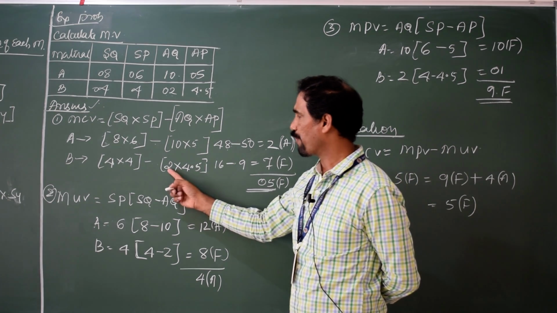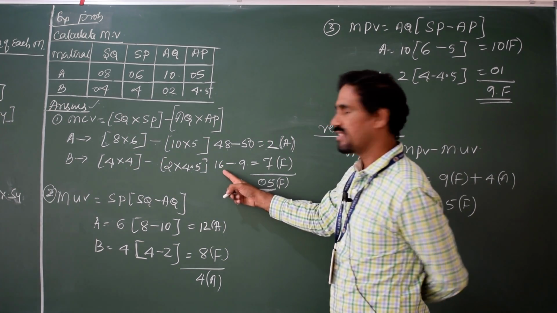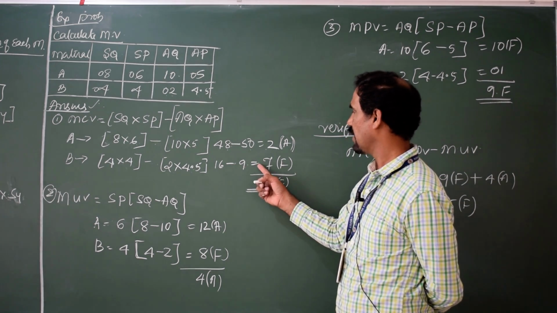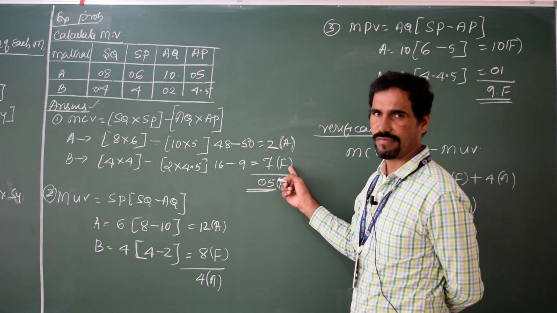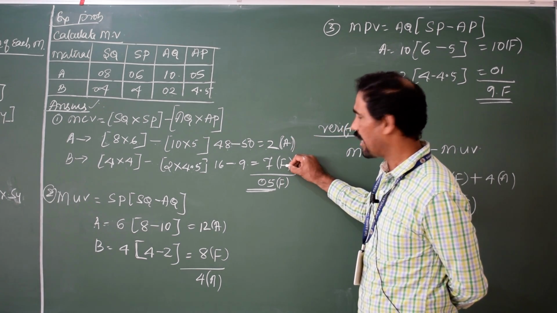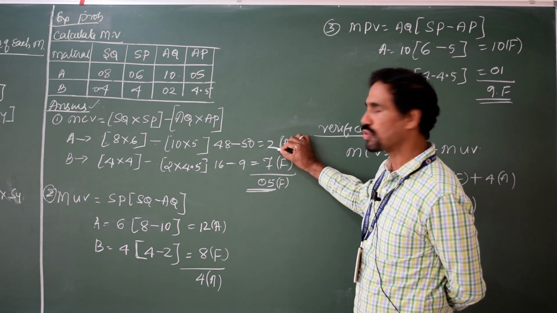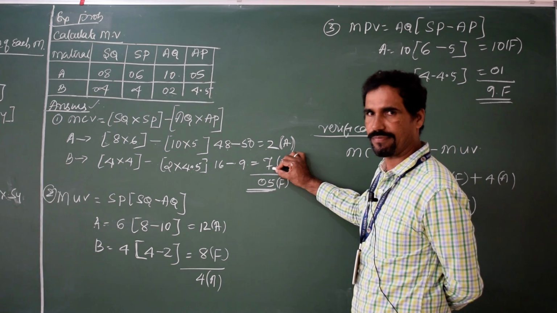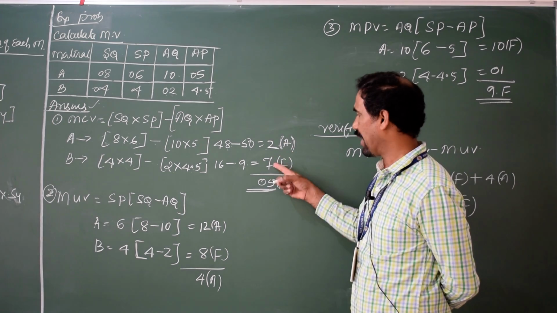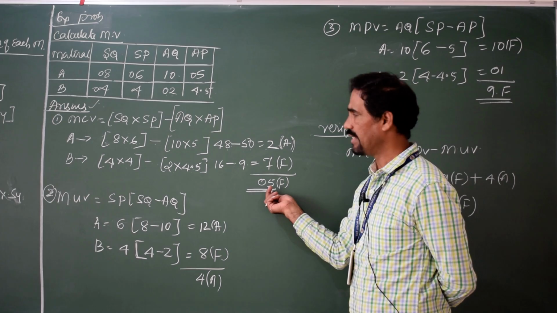Standard 16, actual 9, 16 minus 9 equals 7 favorable. Now adverse and favorable for material cost variance: adverse 2, favorable 7. 7 minus 2 equals 5 is the answer.